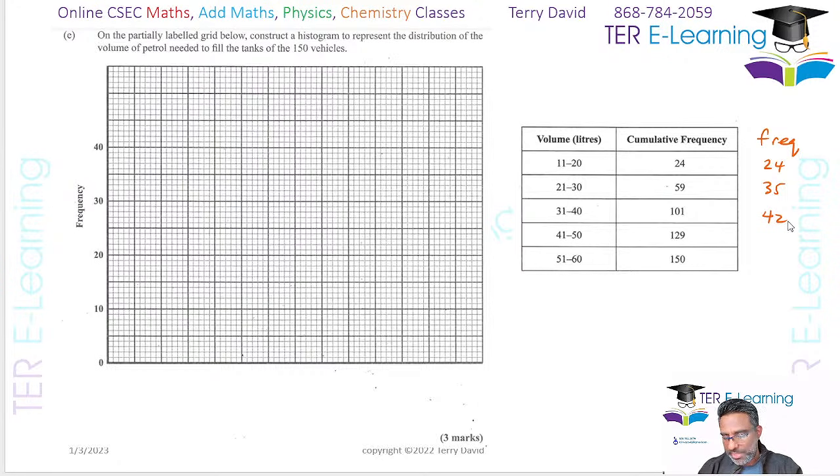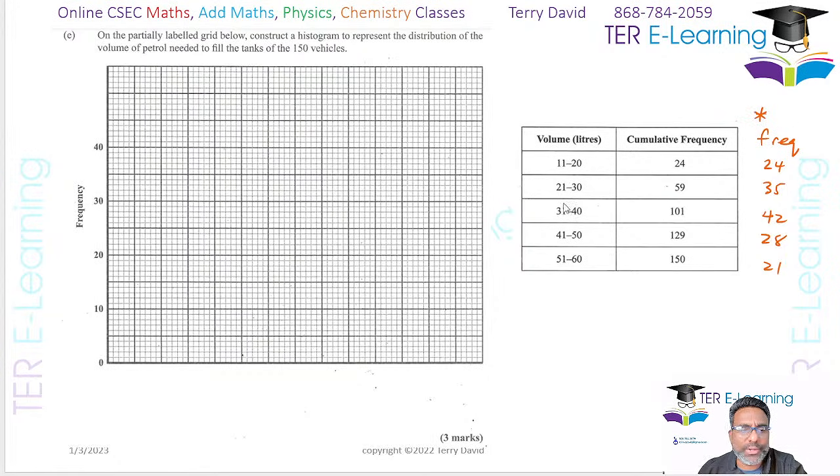The next one will be 129 minus 101, which is 28. And the last one is 150 minus 129, and you're going to get 21. So you need to work this out before you can construct anything. You need to get the actual frequency.